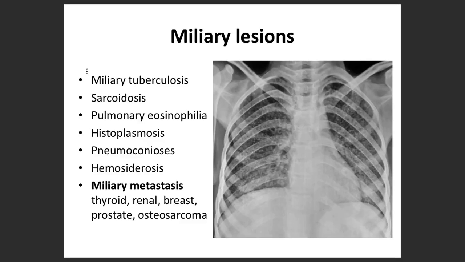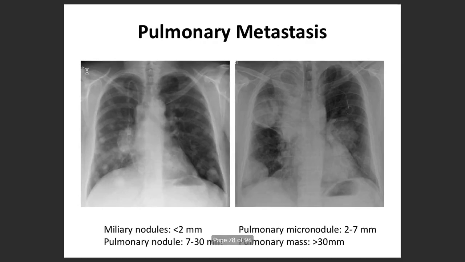Wonderful. This is due to the tiny size of those lesions, typically 1 to 5 millimeters. Up to 20% of extrapulmonary tuberculosis cases may show this. The differential diagnosis also includes sarcoidosis, pulmonary eosinophilia, histoplasmosis, or pneumoconiosis.